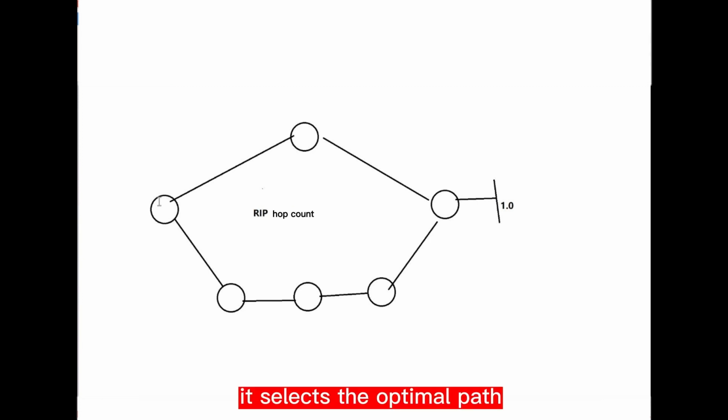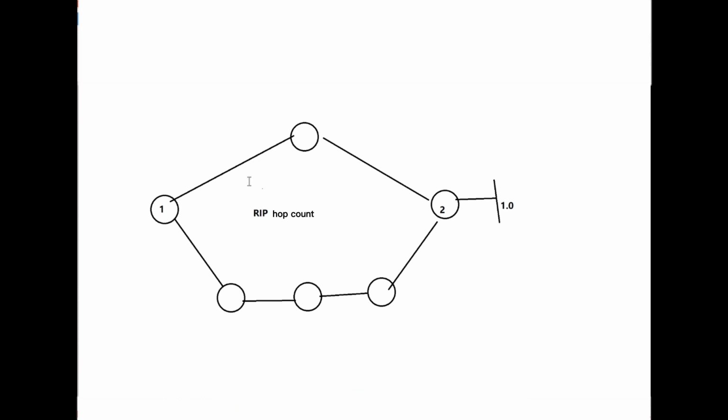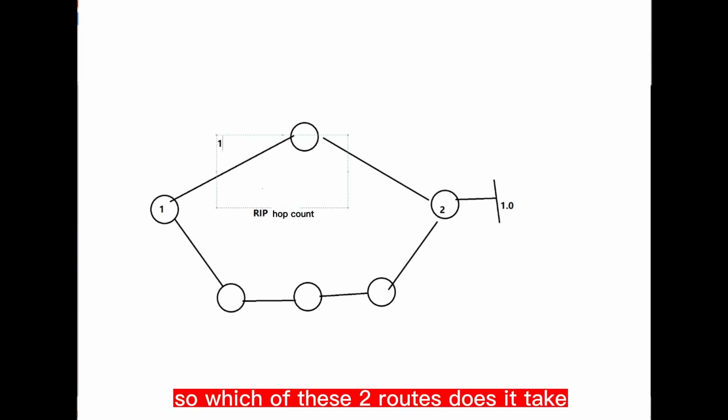It selects the optimal path based on the number of hops. If R1 visits R2's 1.0 network segment in the future, how many roads are there? Okay, there are 2 roads. So which of these 2 routes does it take?